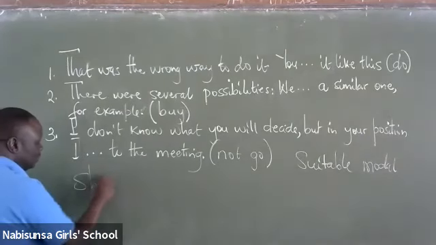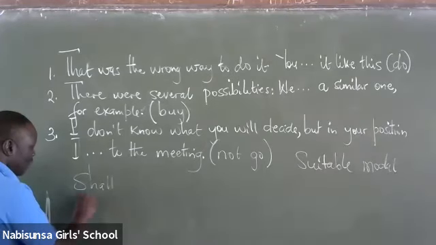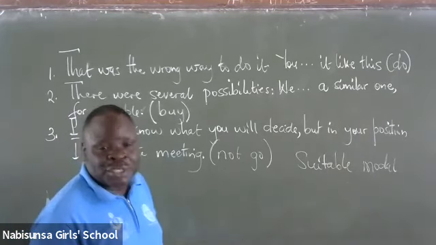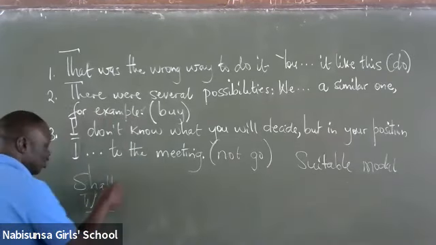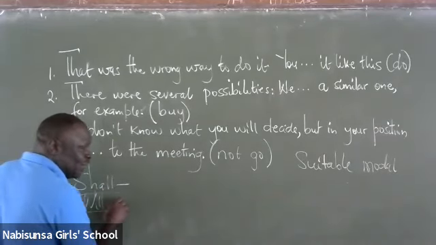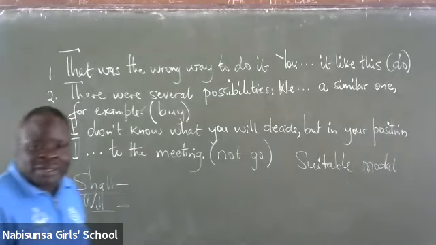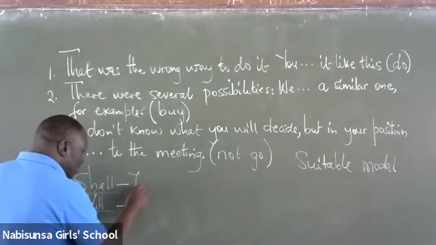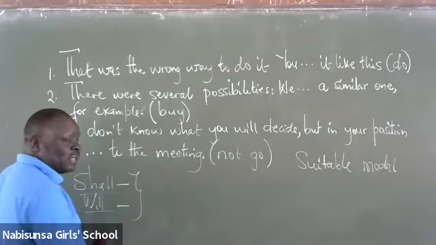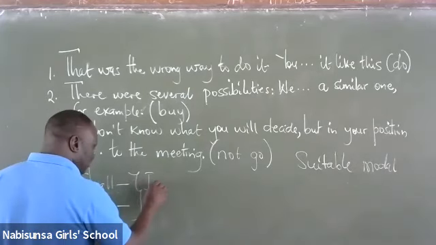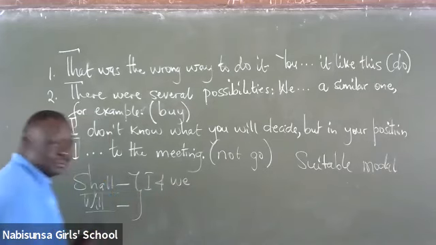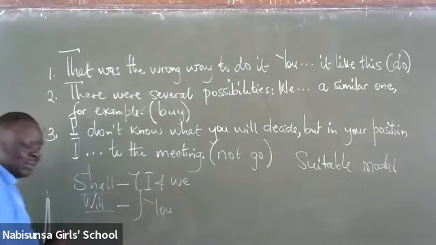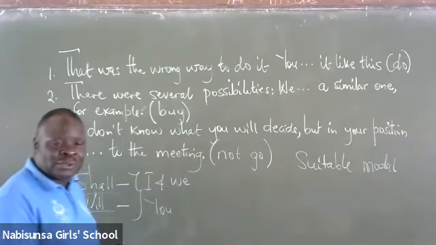We have shall and we have will. I would like you to do some research. When do we use shall and when do we use will? That's the first one. Number 2: shall normally goes hand in hand with I and we. Is that very clear? Will takes other pronouns like you, he, and so forth.